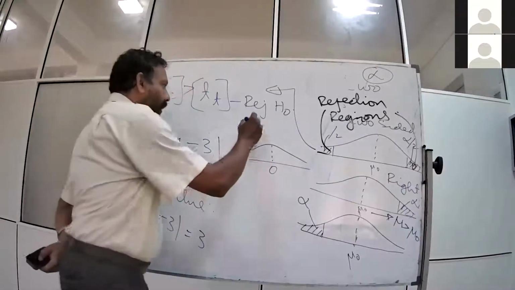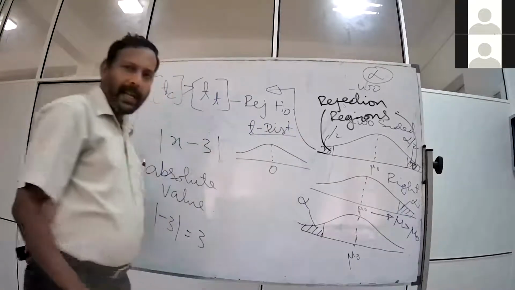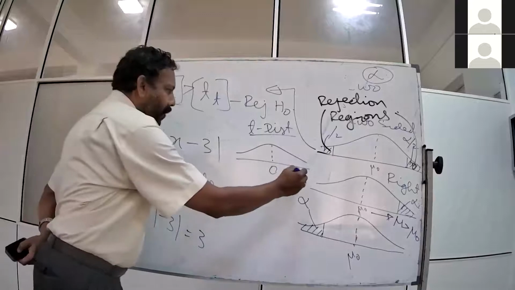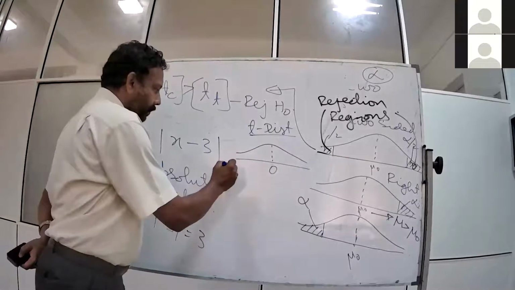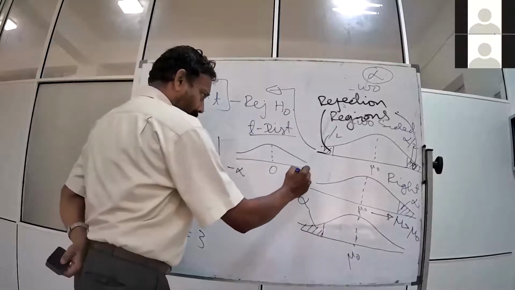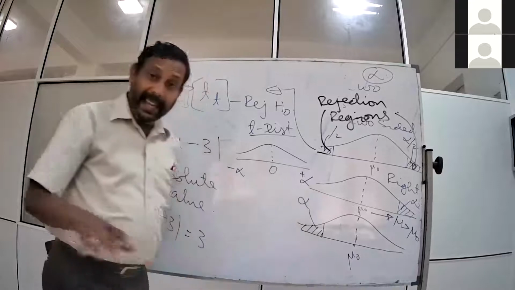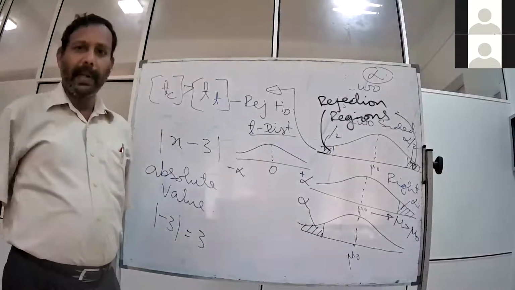In a T distribution, the mean value is 0. What are the maximum and minimum possible values? Minus infinity and plus infinity. Theoretically, that is the value: minus infinity to plus infinity.